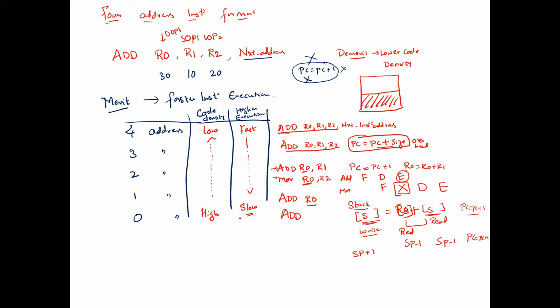Now, if you look at these 2 parameters, code density and higher execution speed, these are like trade-off parameters. Trade-off means what? Say, for example, there is wheat and there is rice.